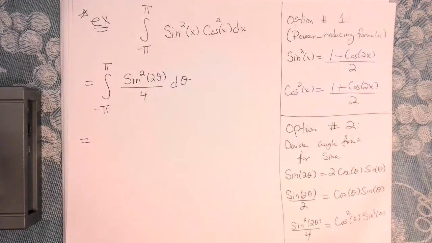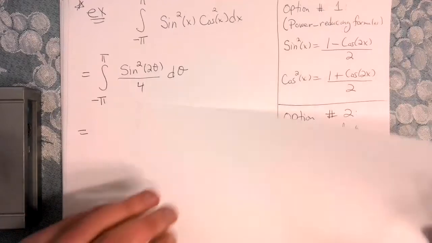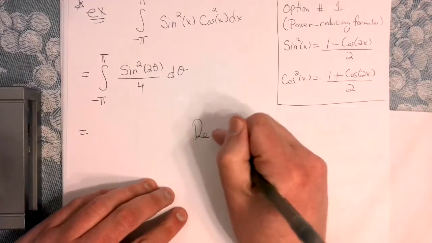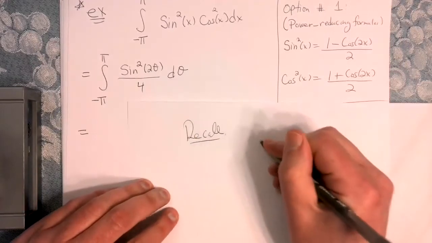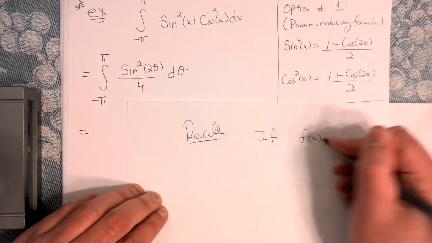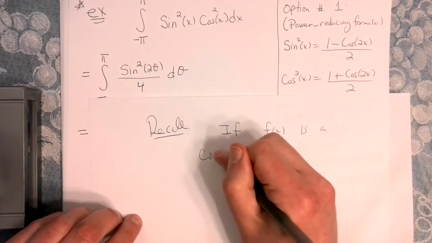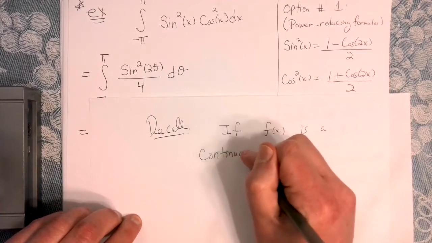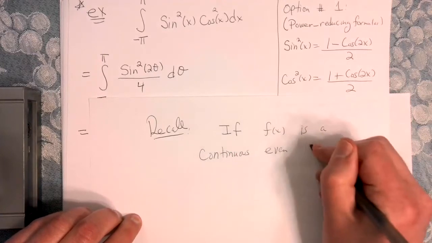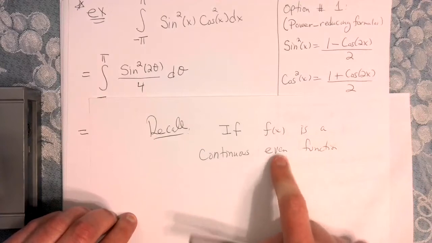So just let's recall the following from single variable calculus. So let's also recall this. So recall, if f of x is a continuous even function, so that means it has y-axis symmetry.